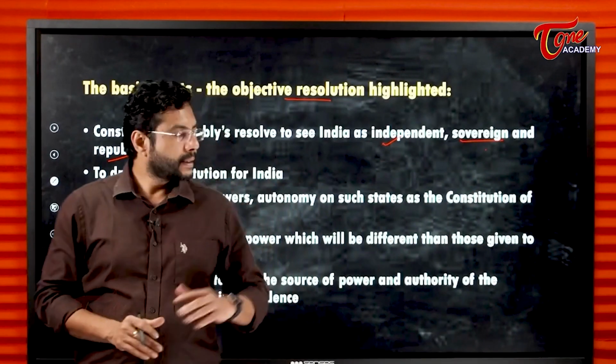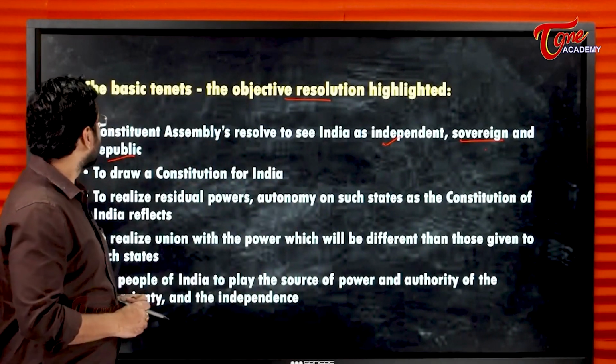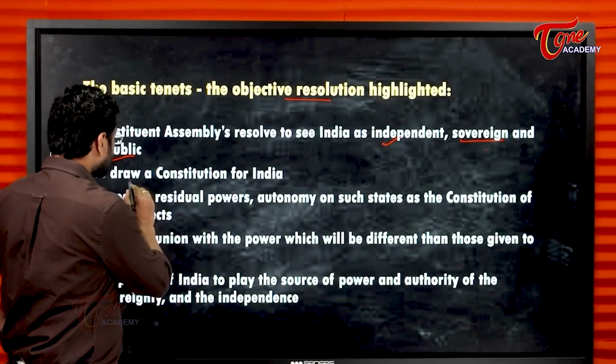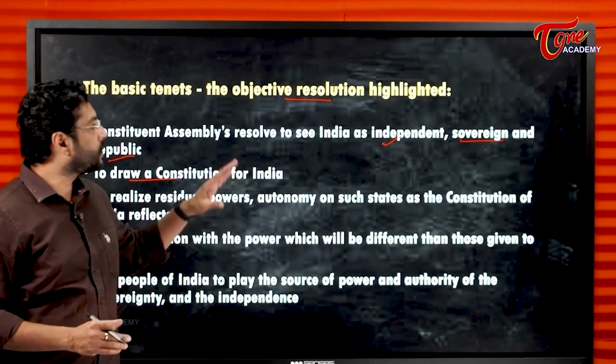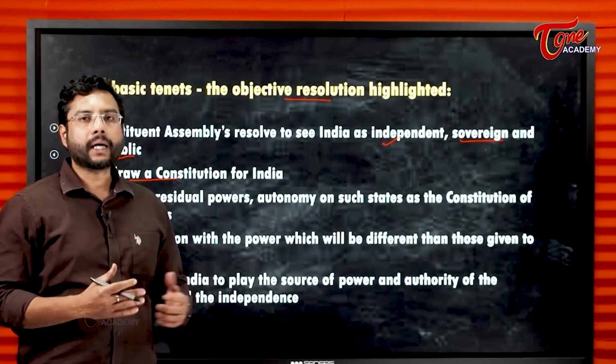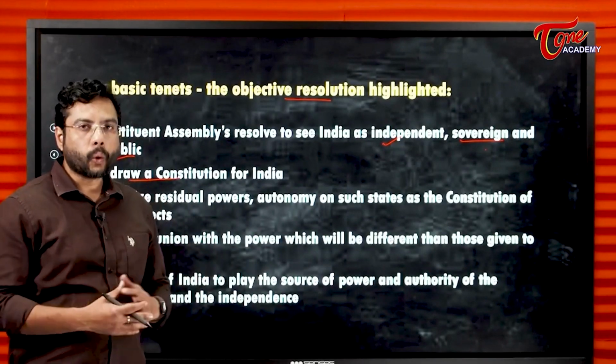The other tenet of the Objective Resolution is to draw a constitution, because this was the opportunity we got to prepare our constitution by our own people.